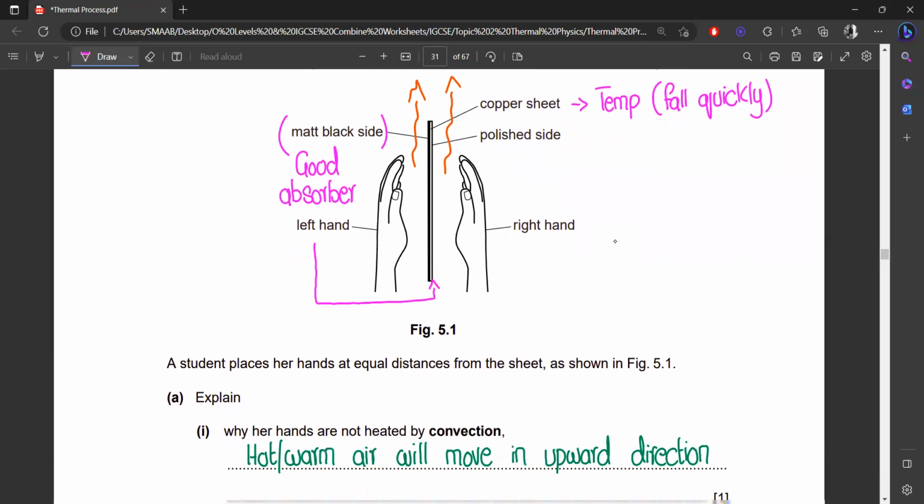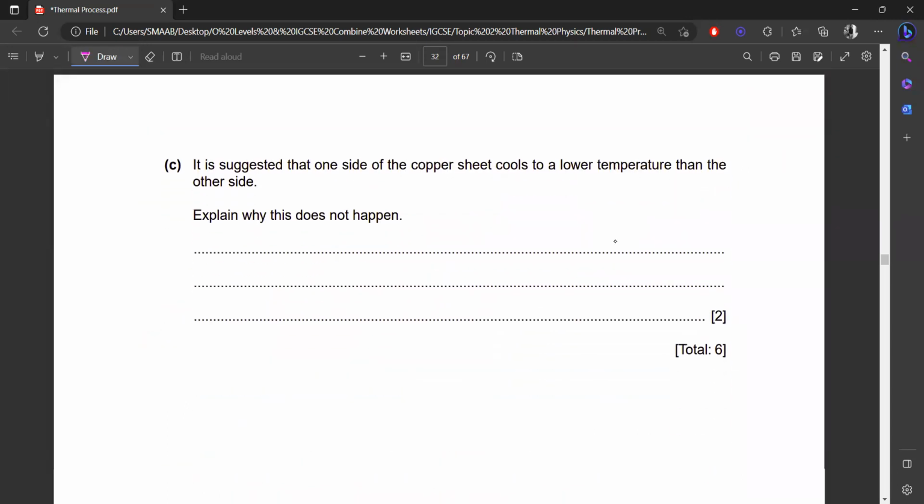Yes. So copper continuously conducts heat from the left hand side. So that is the reason.